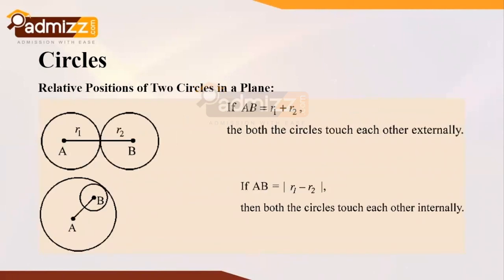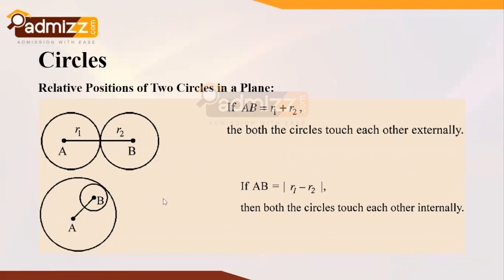Now the last part of the discussion, that is relative positions of two circles in a plane. If the distance AB, where A and B are centers of two different circles, is equal to R1 plus R2, it indicates that both the circles touch each other externally.